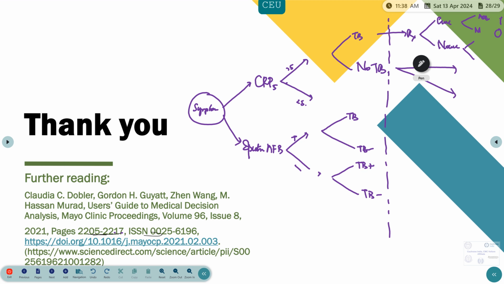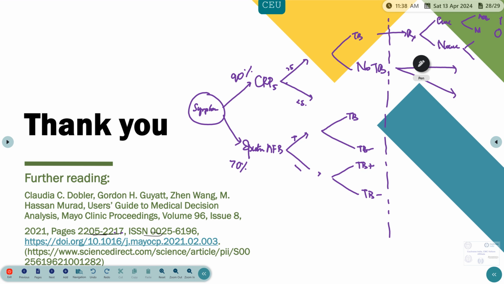They have told that by using this particular arm, you get a sensitivity of 90%, and by using this conventional arm, you get a sensitivity of 70%. That is what they are trying to project here.